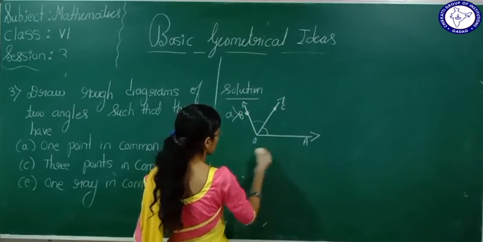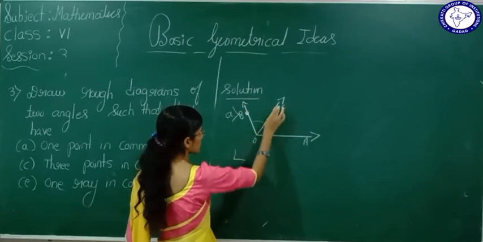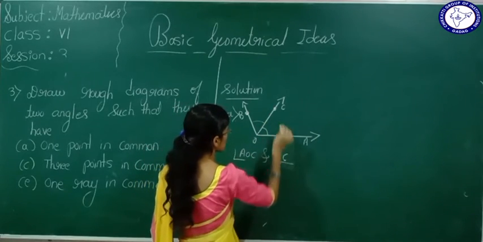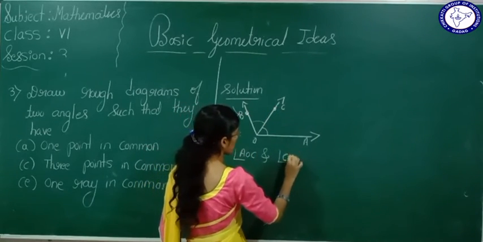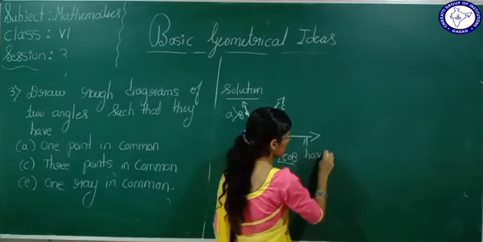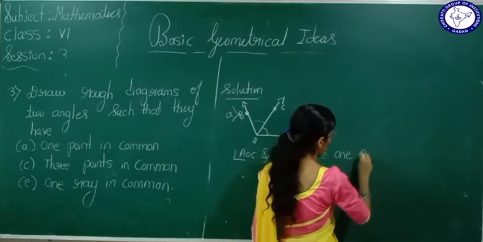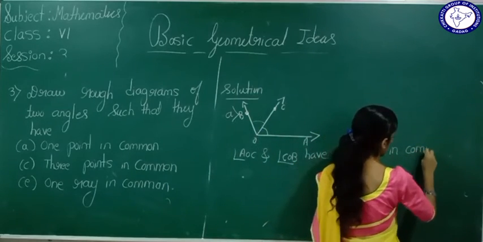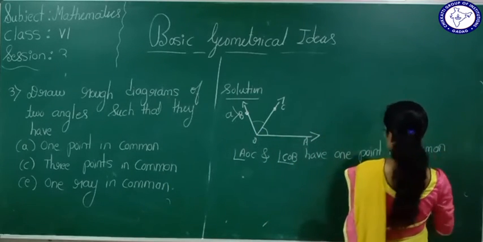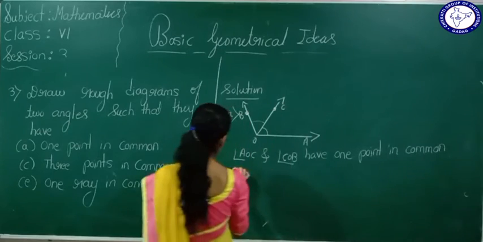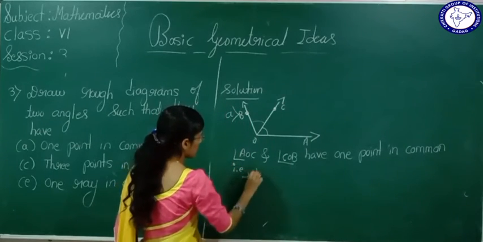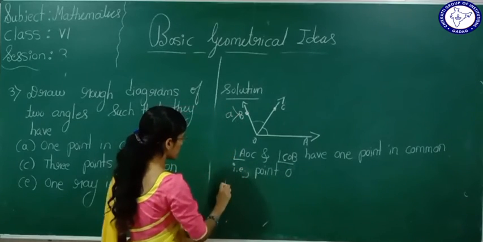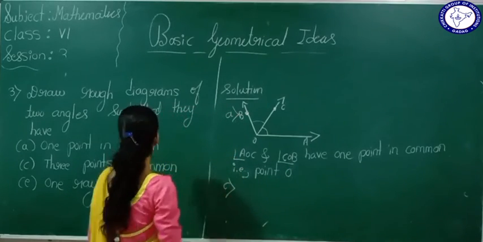Now see, angle AOC and angle COB have 1 point in common. What is that? That is point O.